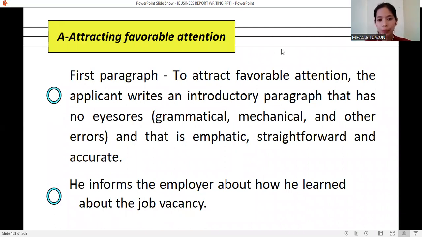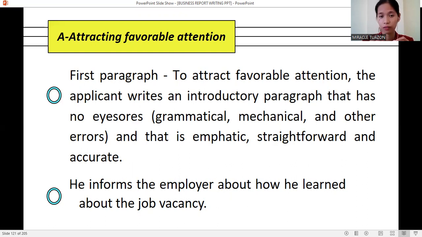So in the first paragraph, to attract favorable attention, the applicant writes an introductory paragraph that has no eyesores, meaning walang grammatical error, walang mechanical error, and other errors sa inyong writing or document.